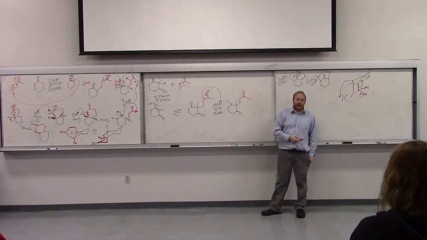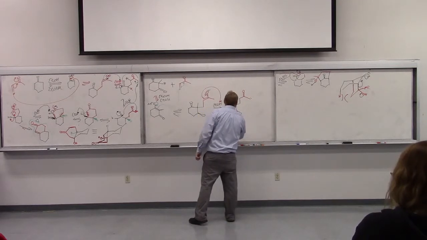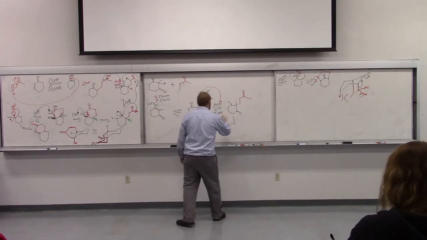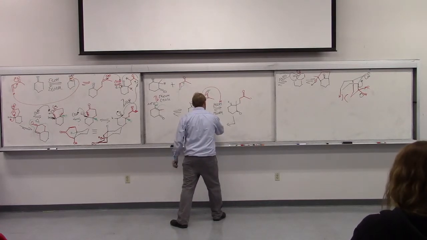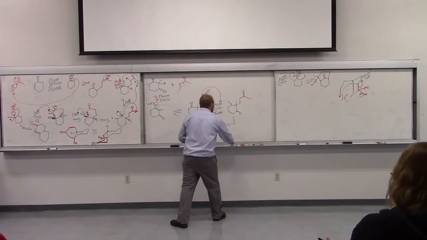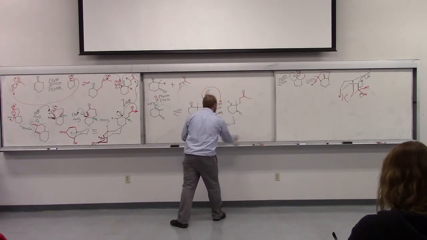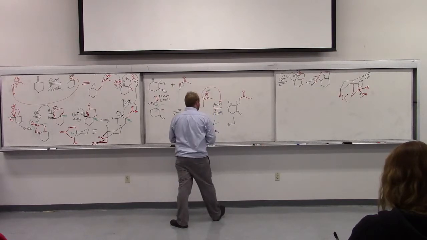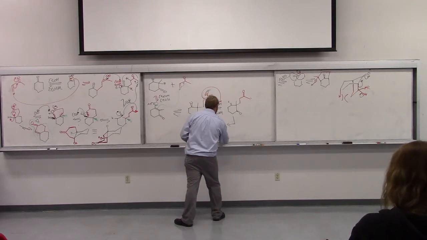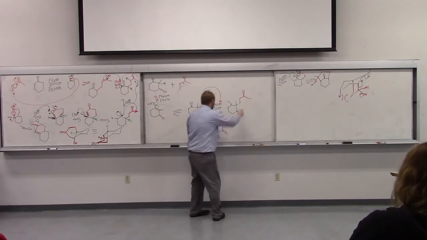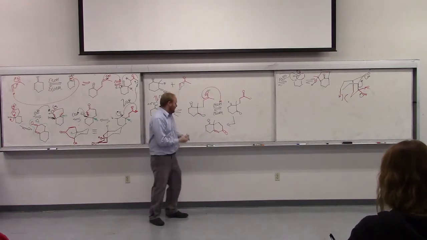I'm going to give you the Michael products. And I'll just draw the dehydrated product. So this enolate, I just drew it attacking this one, doing the cyclization and then the dehydration to give us this.